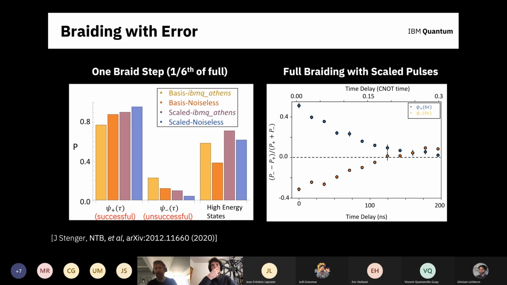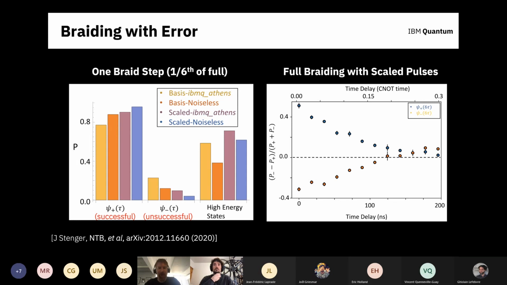And we see after a delay of a little over 100 nanoseconds, you've completely lost distinguishability between braiding and not braiding. So we're quite happy with the performance that this shows, that this has brought us back to the level where we tried to do this digitally on the IBM Q Athens backend, and we were unsuccessful. We weren't able to do it successfully, and this demonstrates why that was not successful.